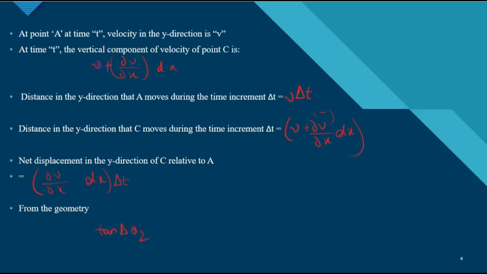Tan delta theta 2 can be written as ∂v/∂x dx delta t by dx, and in a simplified form, we can write it as ∂v/∂x into delta t. So this is from the figure that we get our tan delta theta 2. Let us put this as our equation 1.